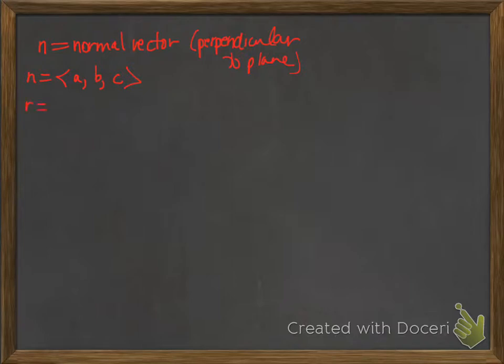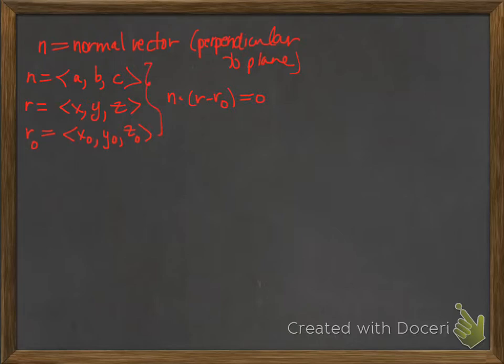So r is my position vector that points to my arbitrary point on the plane, and r naught is the position vector that points to my known point on the plane. Okay, and what we just discovered on the previous board was that n dotted with r minus r naught is equal to 0. So what is that in terms of this that we have here?